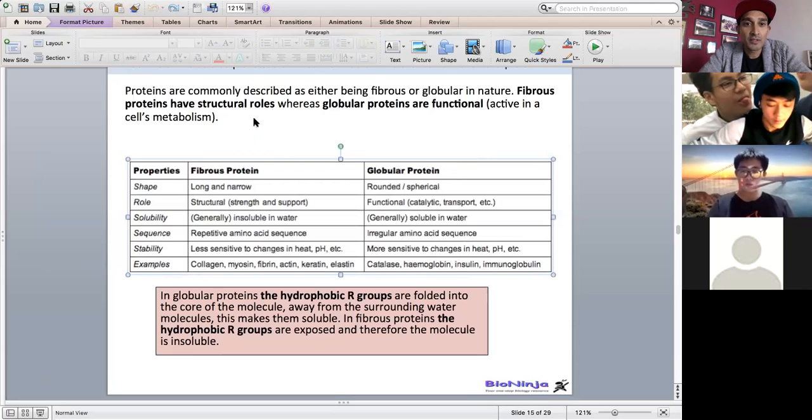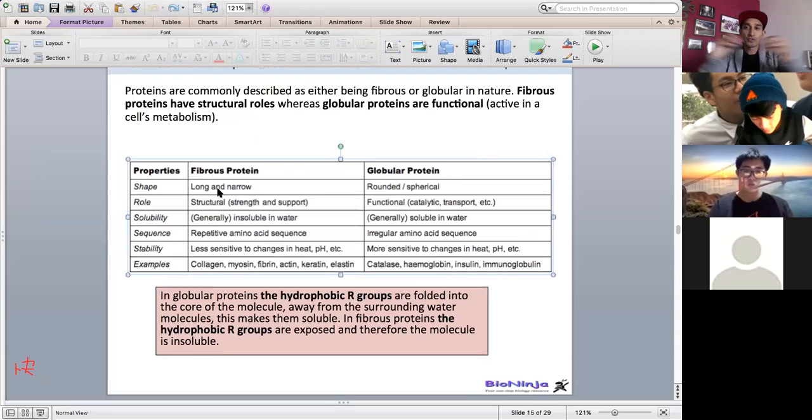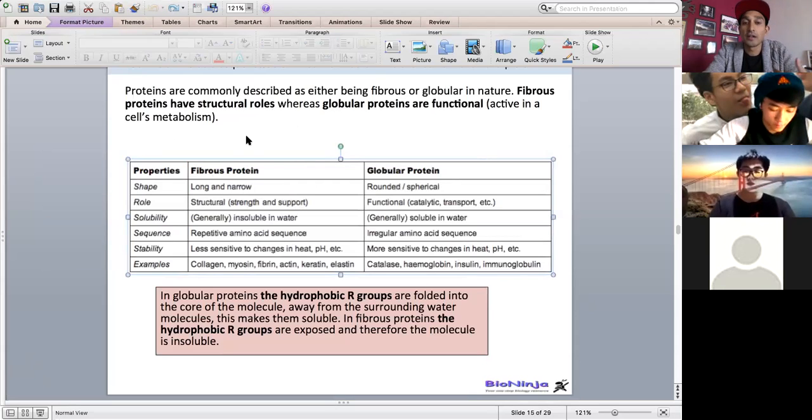Fibrous proteins are proteins that are left in their secondary structure. So they're longer, stretched out proteins. They're usually there for a structural function. I think it's easier if you just look at the examples.